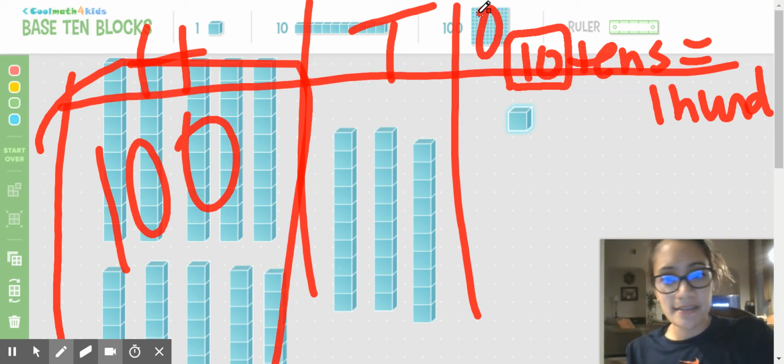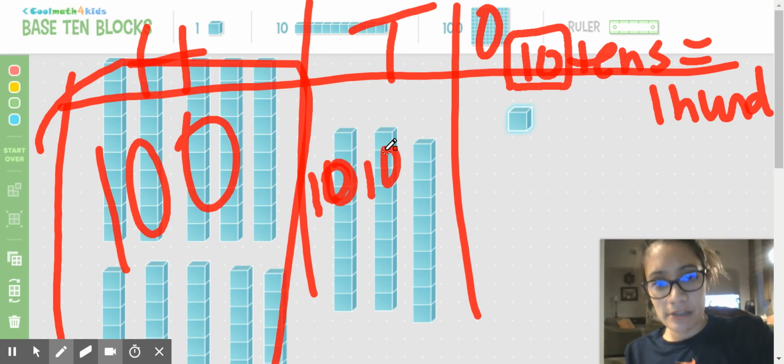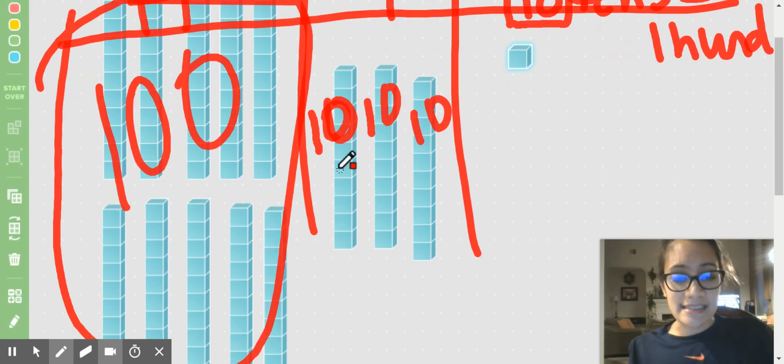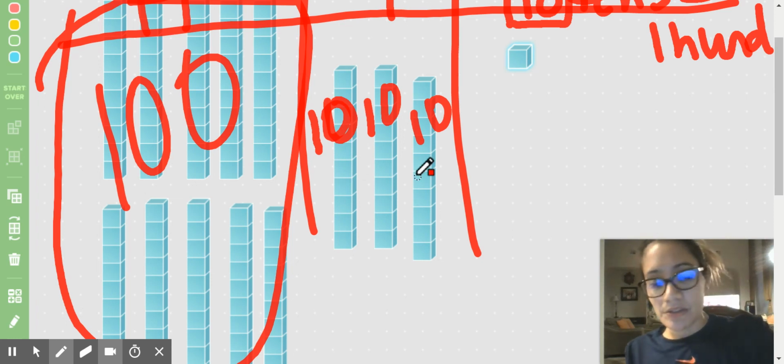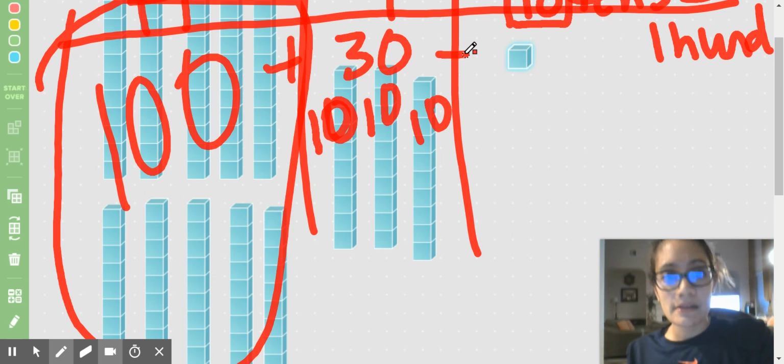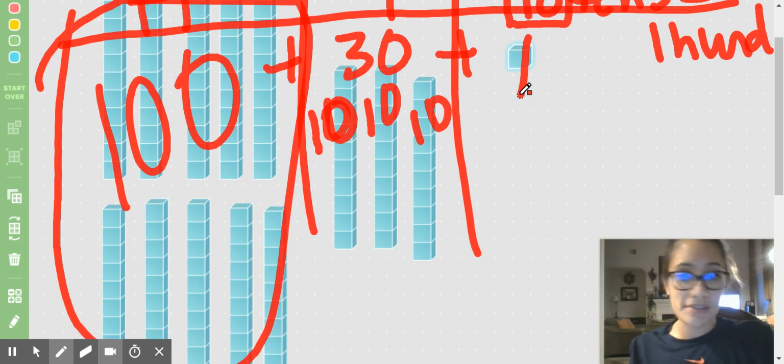I have 10 here, 10 here, 10 here. If you skip count by tens, that's 10, 20, 30. So I have 100 plus 30 plus 1, and I'm writing in expanded form first.